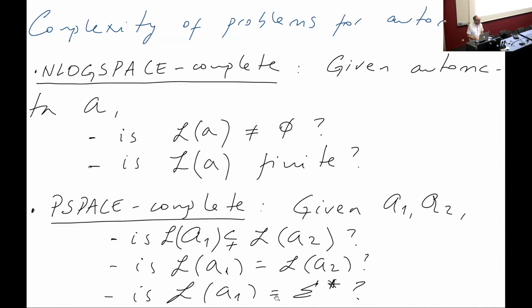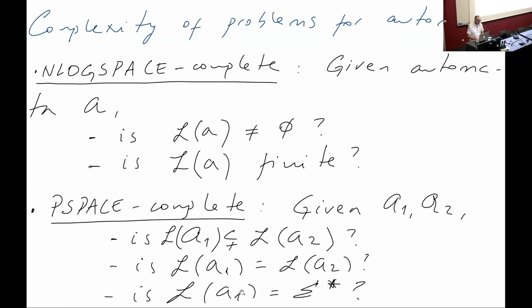Even the problem of checking whether an automaton is universal, whether it accepts all existing words, is related to the emptiness problem. The emptiness problem is NL-complete, but the universality problem is PSPACE-complete, so it's much, much harder.